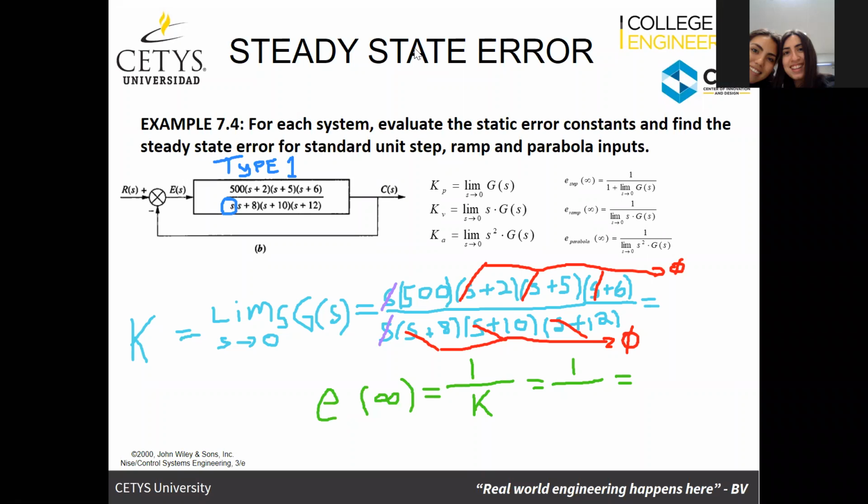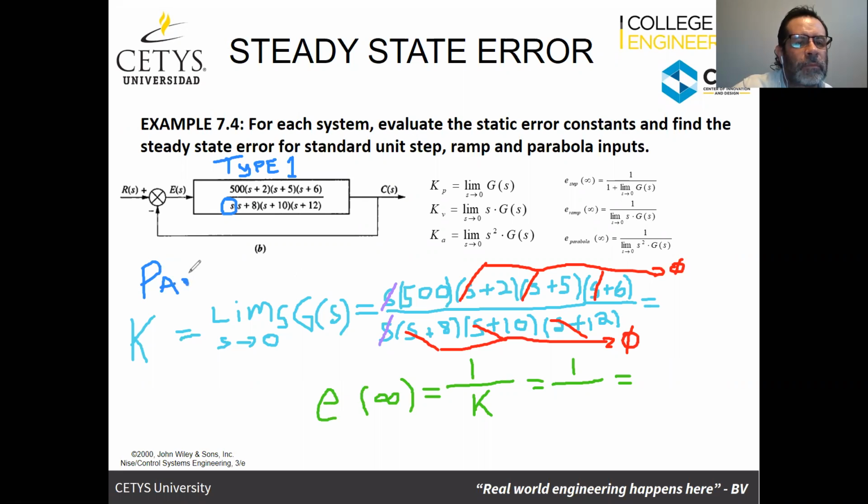So a type 1 system is going to be, let's say, perfect for the position. It's going to do its job for the velocity, but it's not going to be able to work for the acceleration. So in this case, for the parabola, we're going to have a Ka here.